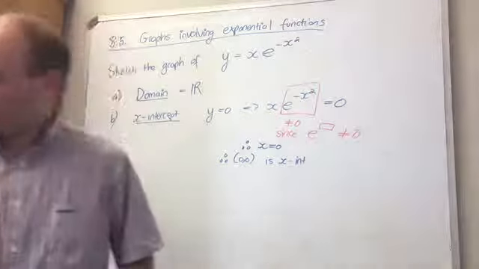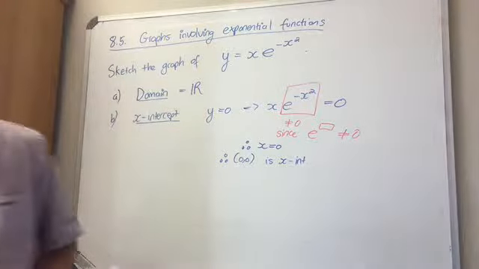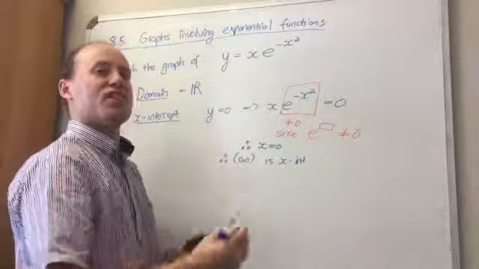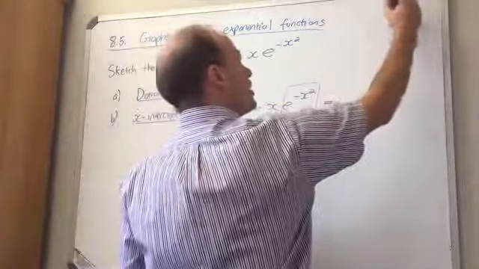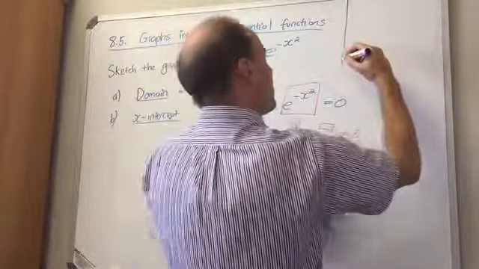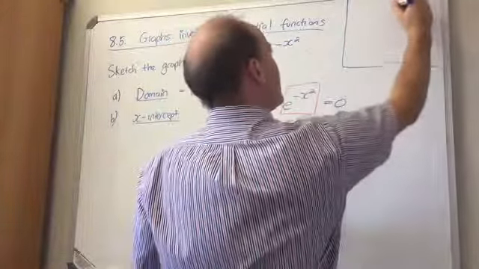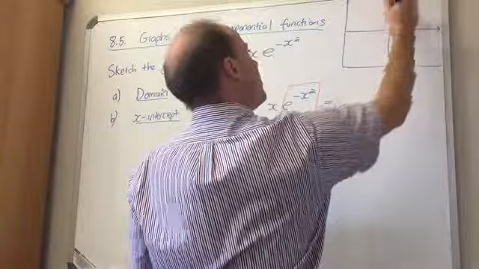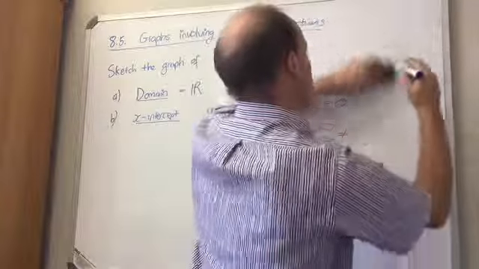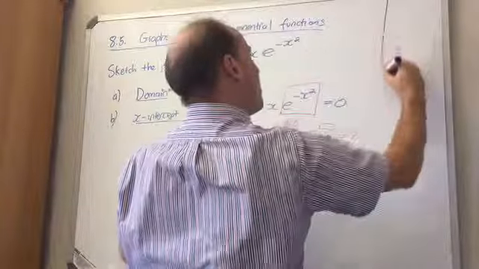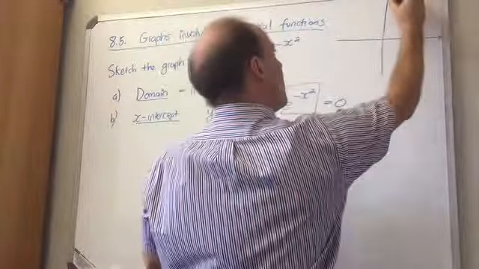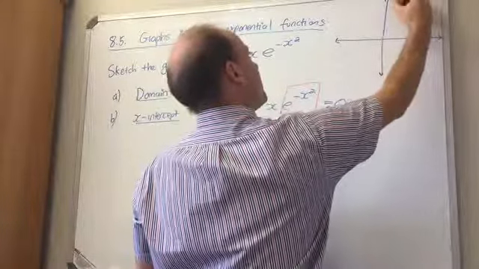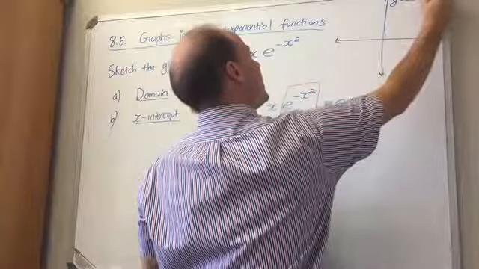One nice thing to do while you're drawing the graph is to draw a sort of dummy graph on the side and work out the dummy graph as you go along. Okay, so here's my little dummy graph that I'll have on the side here. So y equals x e to the minus x squared.